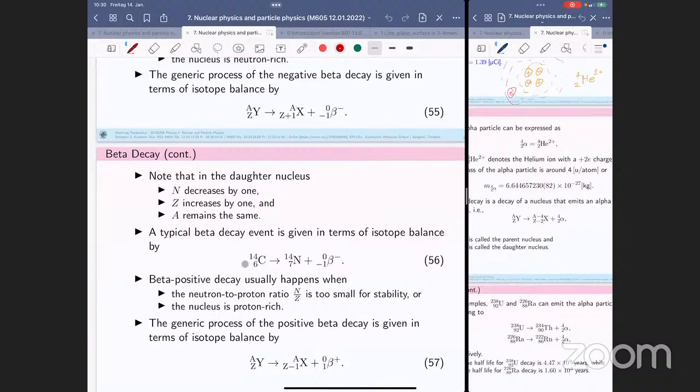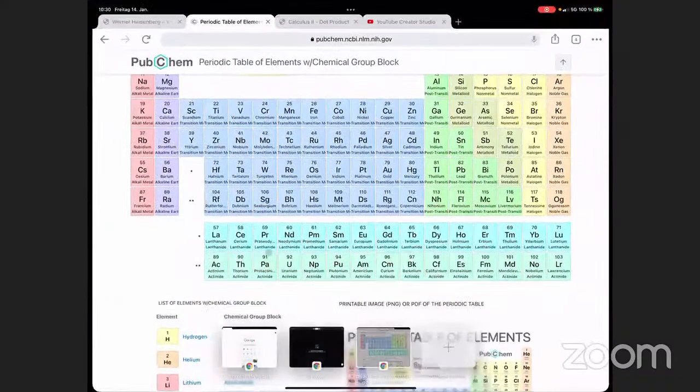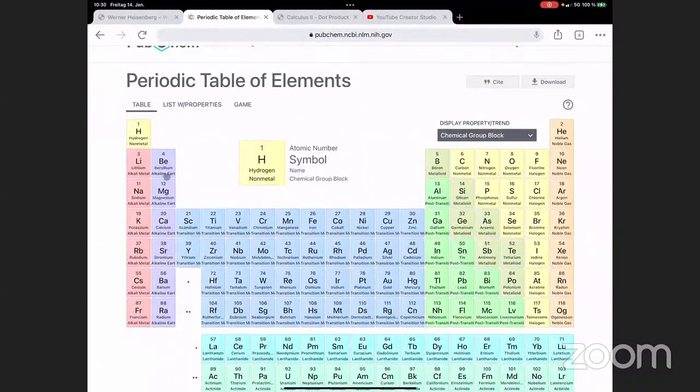How does that work? Of course, a neutron is converted to a proton. From 6 protons, we're going to have 7 protons. Let's go back to the periodic table of elements in chemistry. 6 protons correspond to carbon, and one of the neutrons inside the nucleus of carbon changes itself to a proton.